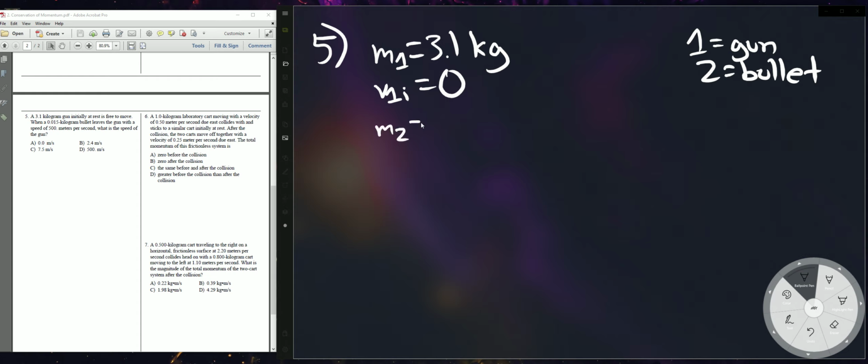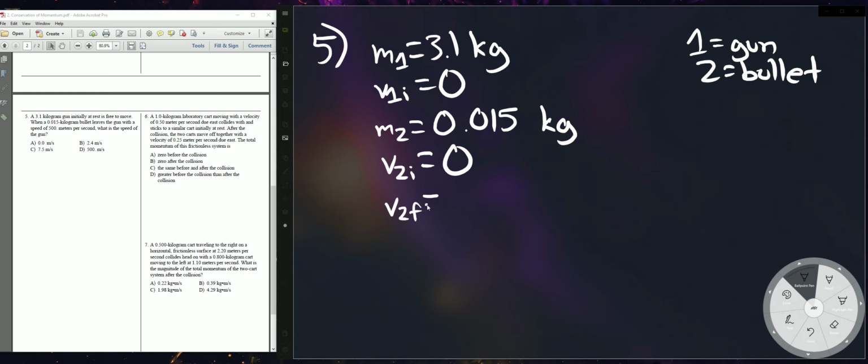M2, the mass of the bullet, is 0.15 kg. The initial velocity of the bullet is also 0. The bullet leaves the gun with a speed of 500 meters per second, so the velocity of the bullet, V2 final, is 500 meters per second.